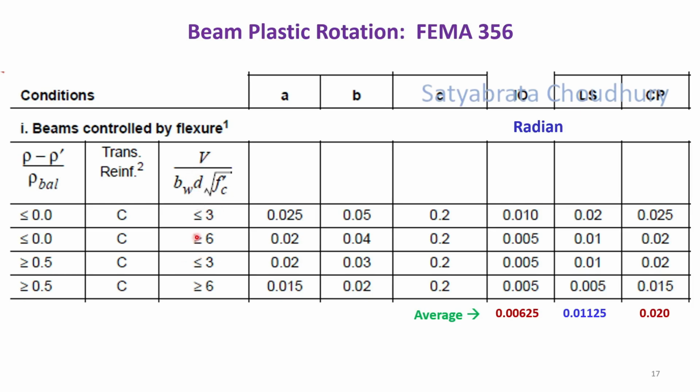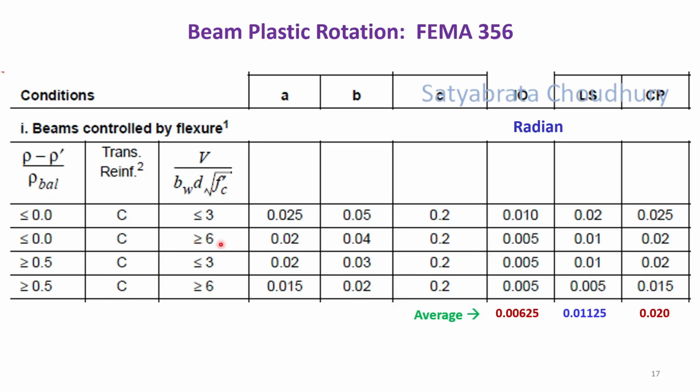So this ratio is changing with respect to different members, and the transverse reinforcement is written here. C means compliant. So these are the buildings which are maintaining the ductile detailing. So these are called compliant buildings.